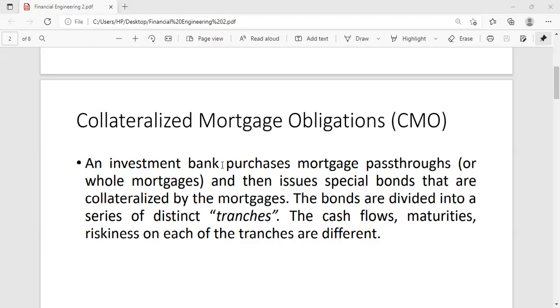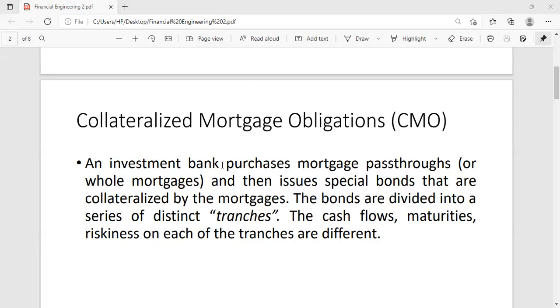All of the investors are exposed to similar kinds of risks. But in the case of collateralized mortgage obligations, the cash flows, maturities, and riskiness of each of the tranches are different. By tranches, we mean the portions, the slices of the bond.